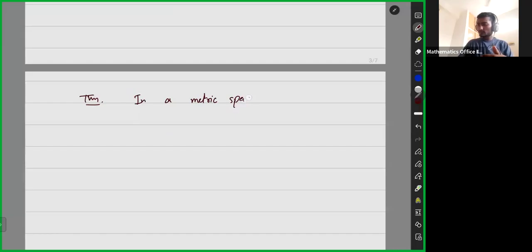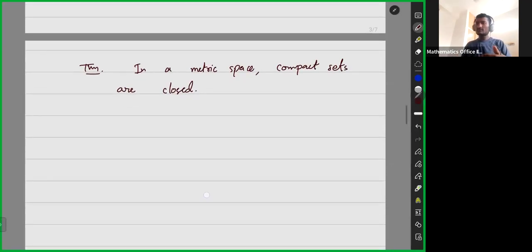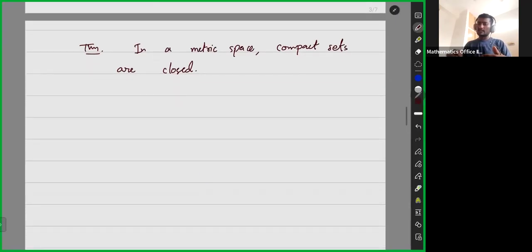In a metric space, compact sets are closed. And then we had three notions of compactness for a metric space, with an equivalence: limit point compactness, sequentially compact, and compact metric space.